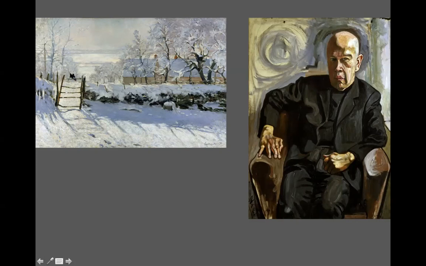So we have a somewhat overcast day, but a day that appears to have enough warmth in the light to create the warm light on the snow, and then the cool color of the shadows. Again, the warm light from the sun is not getting to this part of the snow because it's being blocked by this wall.